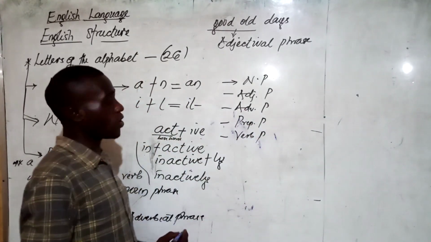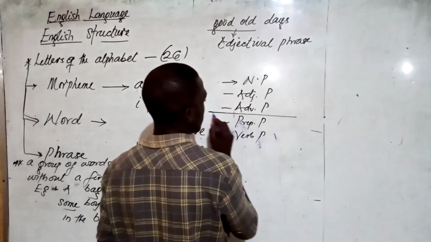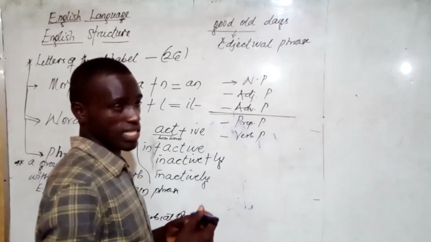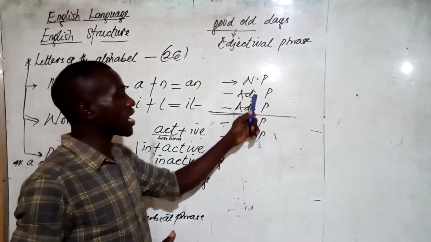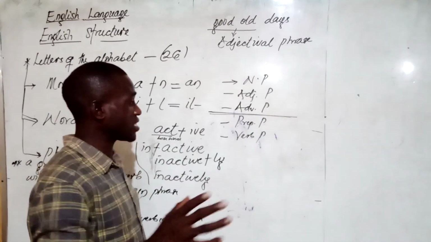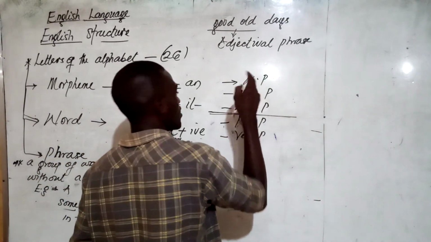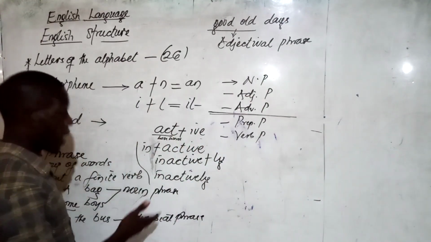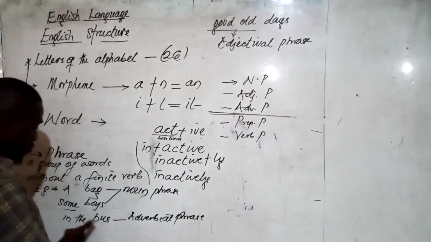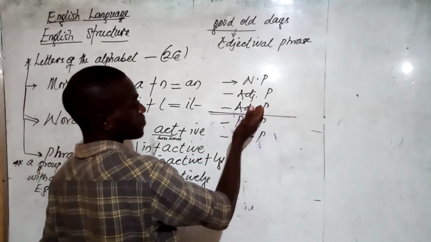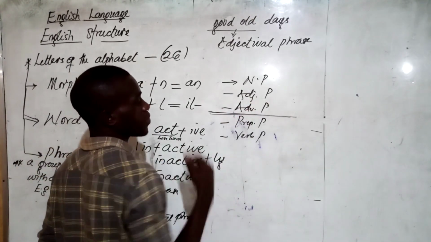But as time went on, it became only these 3. So now in systemic English, that is the English we speak now, we classify only these 3 as phrases, simply because prepositional phrases work as adjectival phrases, for example, or as adverbial phrases. For example, in the bus here is an adverbial phrase.